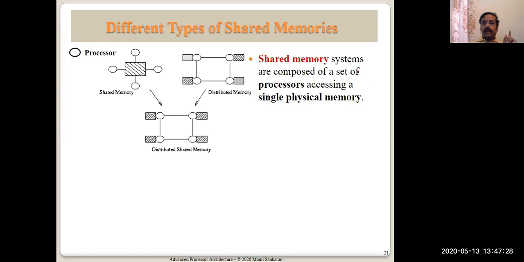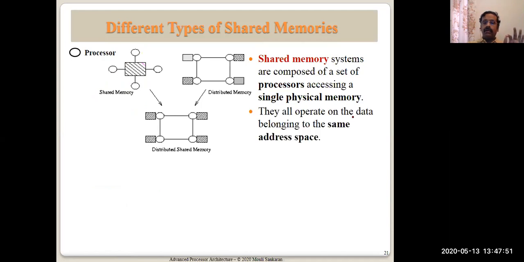Shared memory is a system composed of a set of processors and a single physical memory. This is shared memory. Very clear. They all operate on the data belonging to the same address space.